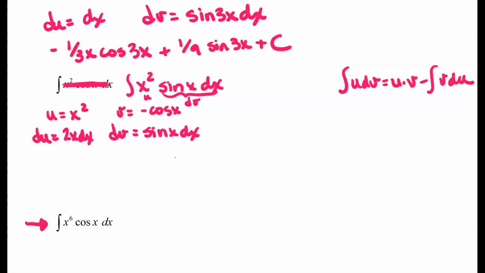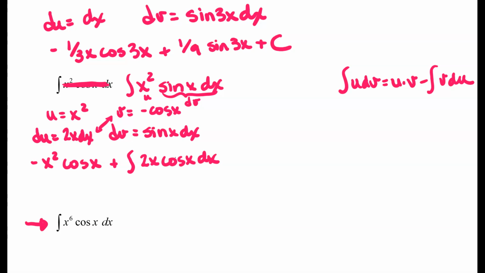So I'm going to put that together here. So my uv is negative x squared cosine of x minus a negative, so plus the integral of 2x cosine of x dx. So that's putting my du and my v together.